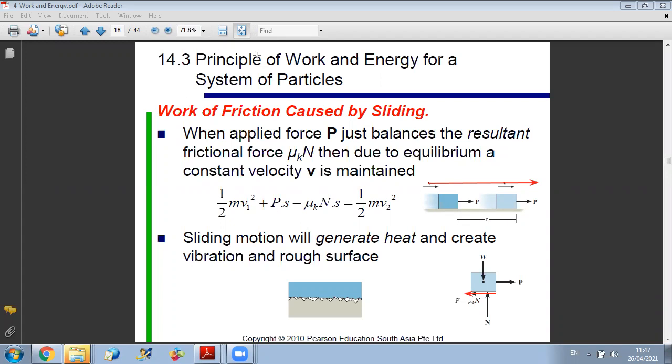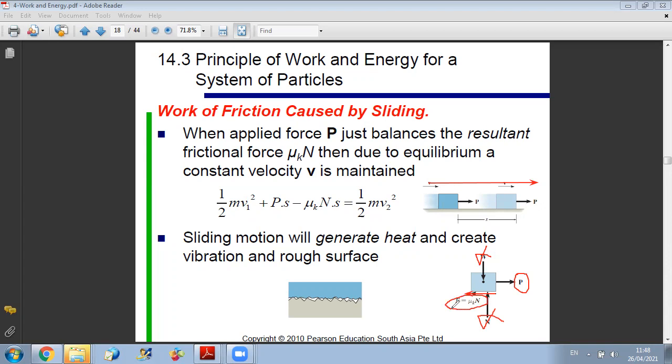Please pay attention: when we say work and energy, all forces perpendicular to motion will not do any work. So here, the direction of motion is horizontal, so no work for the weight, no work for the normal. We will only have the work of P and the work of F.